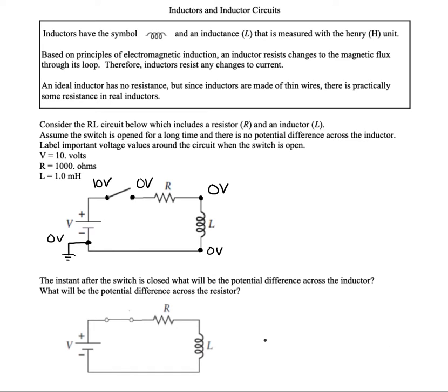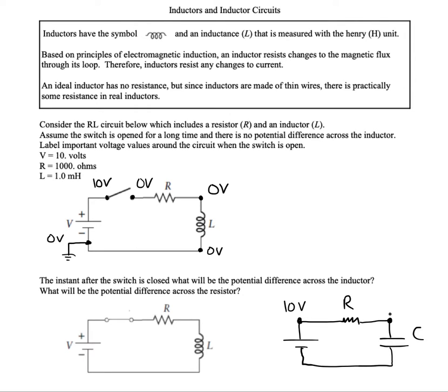So one thing we might want to do is think back to the past and how we had looked in depth at circuits involving resistors in series with capacitors. That was called an RC circuit. And as soon as you close an RC circuit, there would be a potential difference established across the resistor.